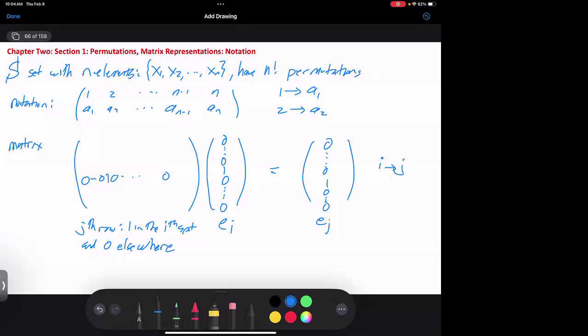Wait. You're right. We're multiplying with zeros. You're right. Sorry. We know there has to be a 1 there. You're right. And then we know it has to be 0 everywhere else going up like this. Yes. Sorry. Thank you. So it should be the ith column.